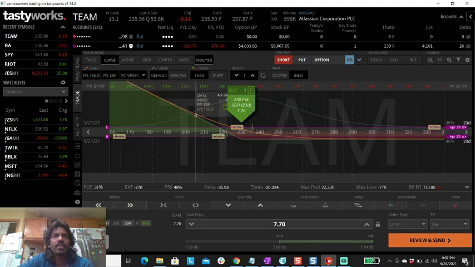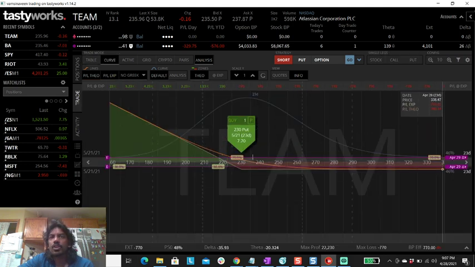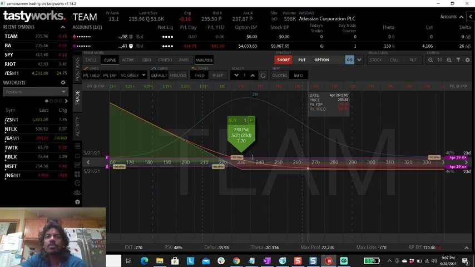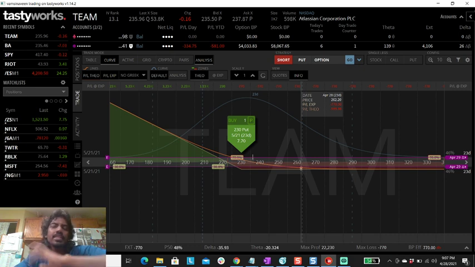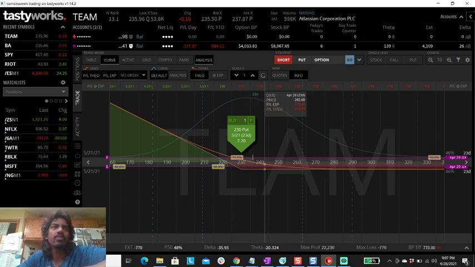And then let me go back to the analysis page. If the stock went down below 230, you'd start making money. Of course, the more it goes down, the more money you'd make. But if it stays above 230, you lose the $770 that you paid for the put option. So that's how you would get bearish on this stock right before earnings, right? And then you'd sell it off right after that, the next day.